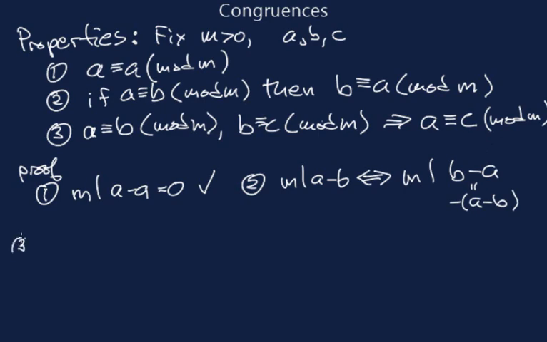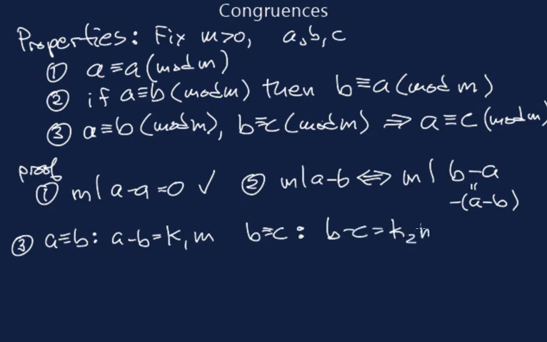And the last one just requires a few more characters. If a is equivalent to b, then that says that you can write a minus b as some constant k1 times m. And if b is equivalent to c, that means that you can write b minus c as some other constant k2 times m.